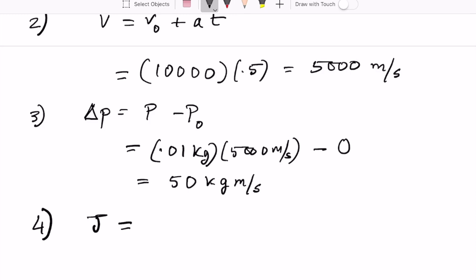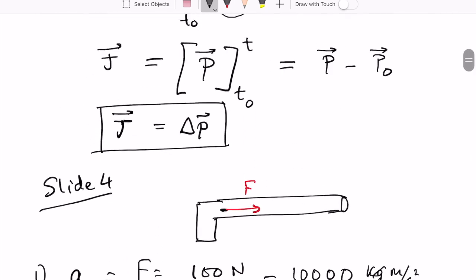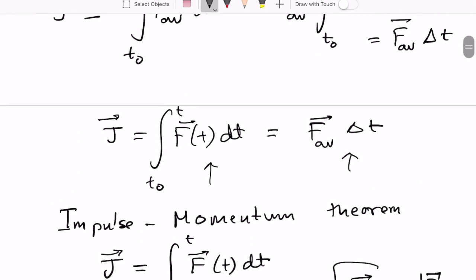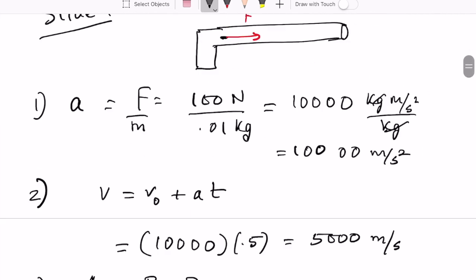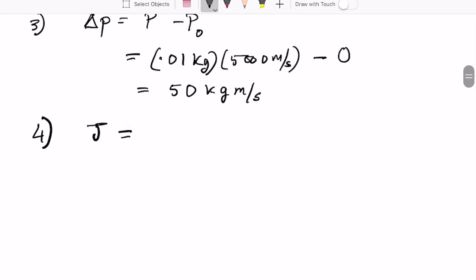But if the force is constant, it just becomes force multiplied by delta t, as we've seen over here. So if the force is constant, or if we can pretend that the force is constant, then the impulse is just force multiplied by the time over which it acts, right? So in this case, the force is given to be constant.